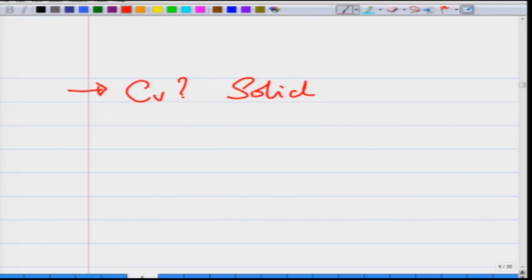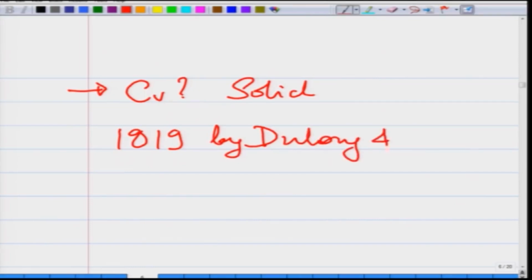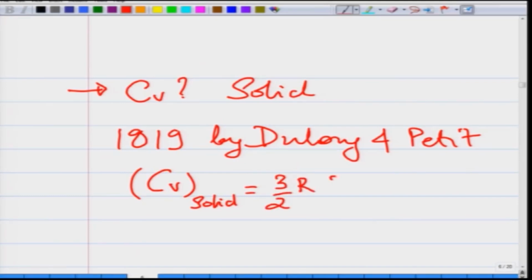And this question was asked way back in 1819 by Dulong and Petit. They wanted to measure the specific heat of the solid, and is it equal to 3 by 2 R?